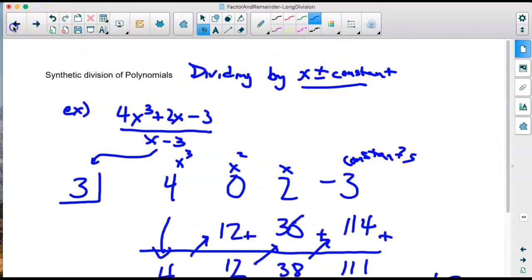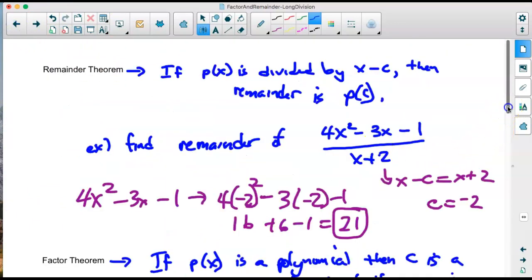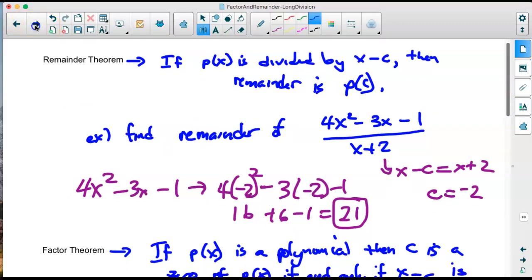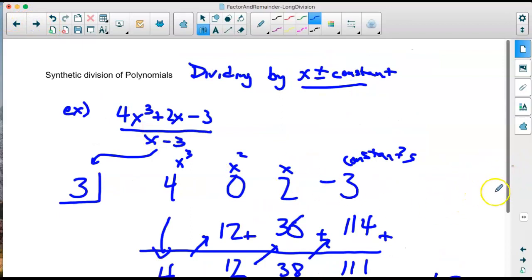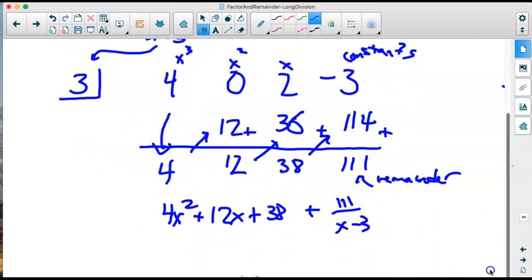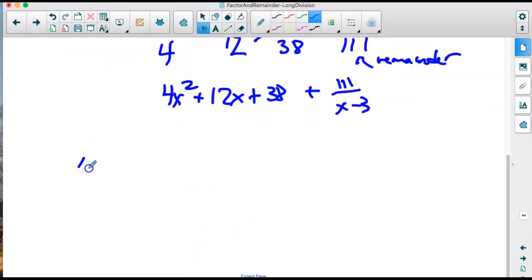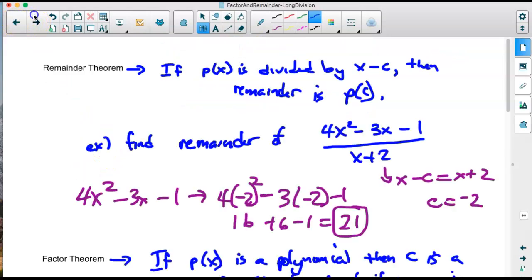So let's try that and see if we get the same answer. So 4x squared minus 3x minus 1 divided by x plus 2.